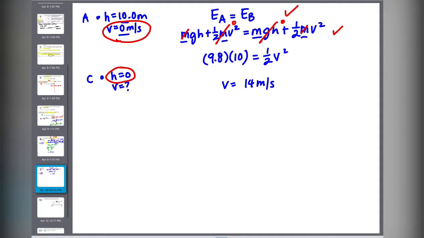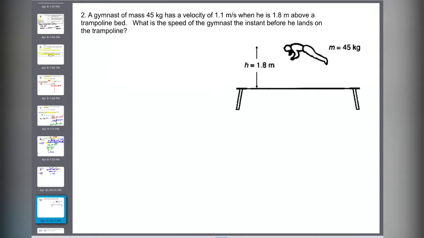Okay, so last example. Actually, I don't know if it's the last example, but let's keep working. A gymnast of mass 45 kilograms has a velocity of 1.1 meters per second when he is 1.8 meters above a trampoline bed. What is the speed of the gymnast the instant before he lands on the trampoline?